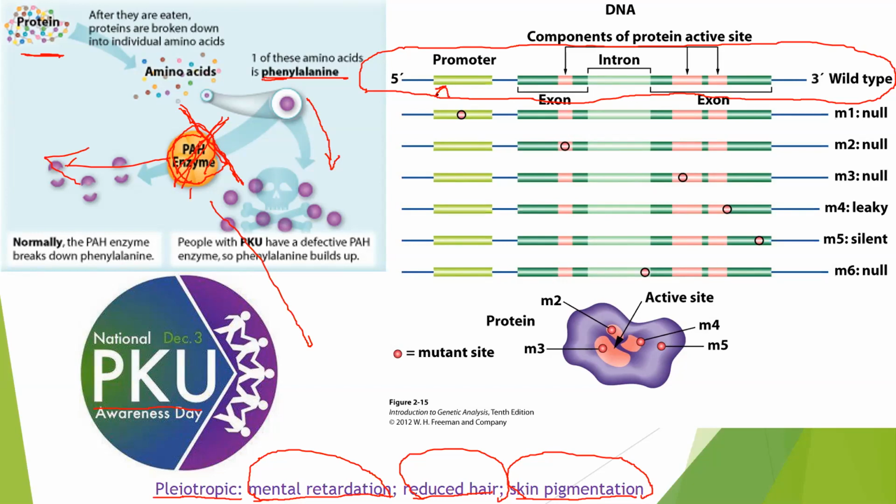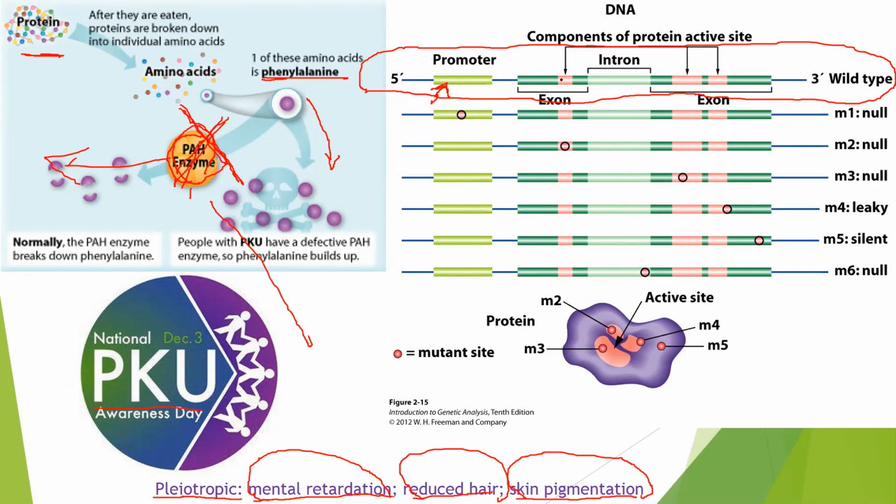This is important because without this promoter, the gene cannot be transcribed. And within the gene, we have exons and introns. Once the gene is transcribed, the introns will be spliced out and all the exons will be spliced together to produce the functional messenger RNA, and then the protein can be produced based on the messenger RNA.